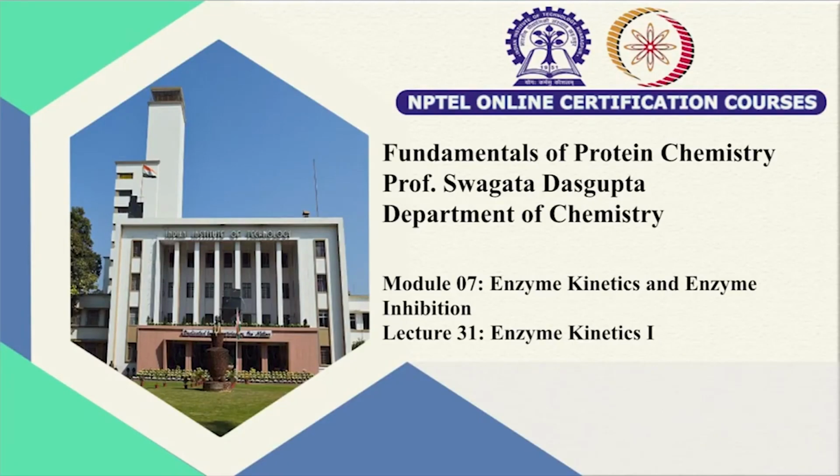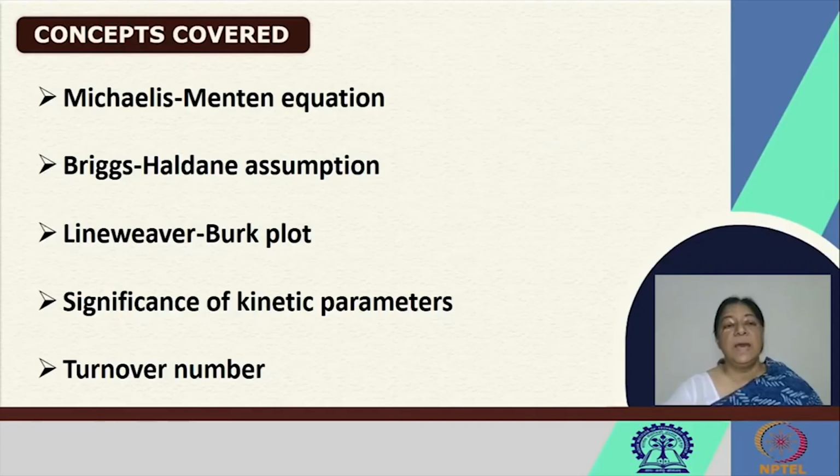Begin our discussion on enzyme kinetics in this module that follows enzymes and enzyme mechanisms. In this particular module, we will be looking at the Michaelis-Menten equation, the Briggs-Haldane assumption, the Lineweaver-Burk plot, and the significance of these kinetic parameters, and what we mean by the turnover number of an enzyme.